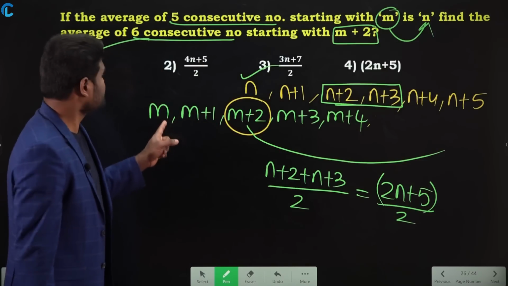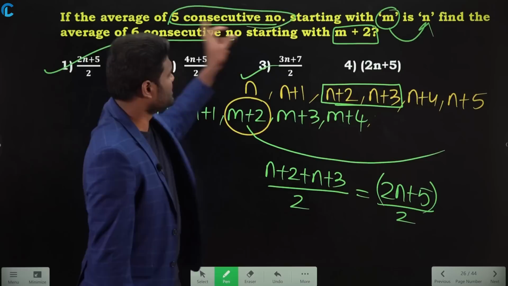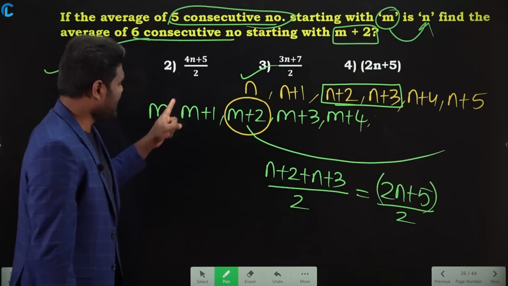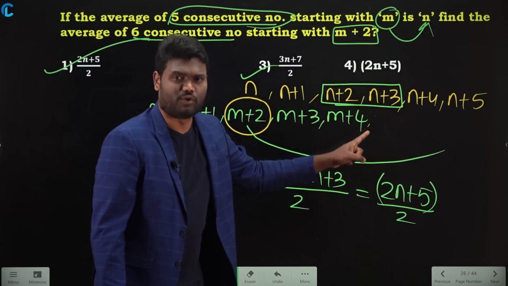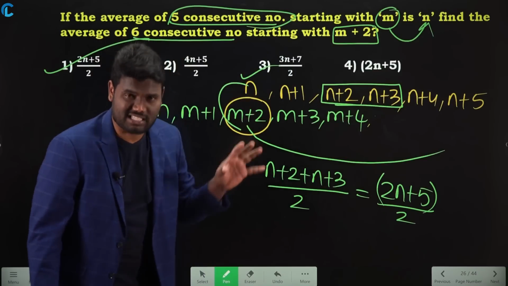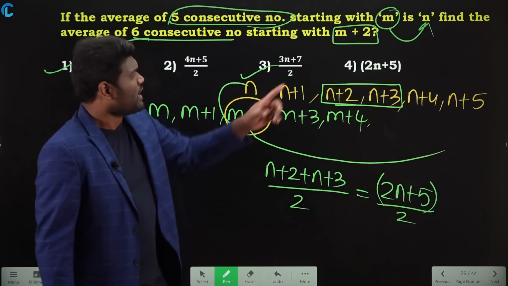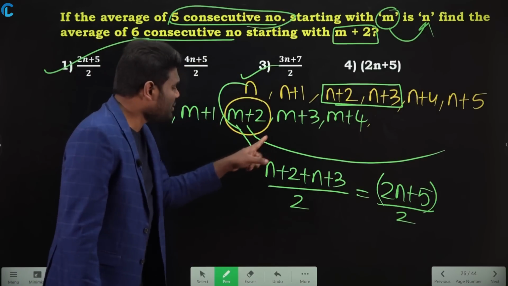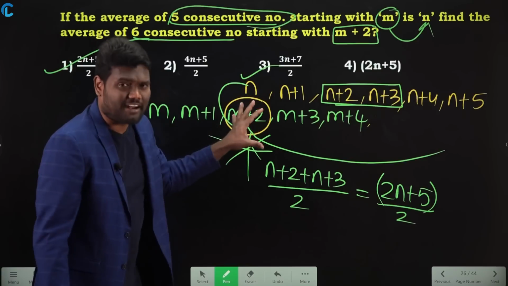So what the question said is, for 5 consecutive numbers starting with m, that is m, m plus 1, m plus 2, m plus 3, m plus 4, the average is n. Now the question says find the average of 6 consecutive numbers starting with m plus 2, which means I need to start from here.